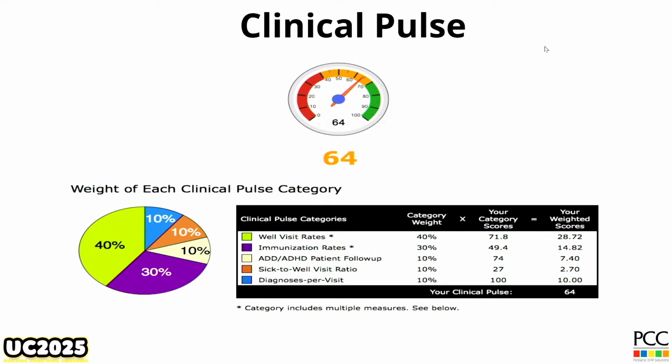So if you're wondering how that pulse is calculated, this describes that, and it actually gives you the math. 40% of your overall pulse score is based on well visit rates. Okay, so that's the highest weighted category for your pulse score. So obviously, if you want to improve your clinical pulse, that's a great place to focus. In addition to immunization rates, which is 30%.